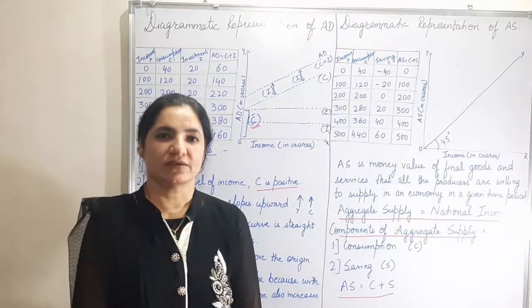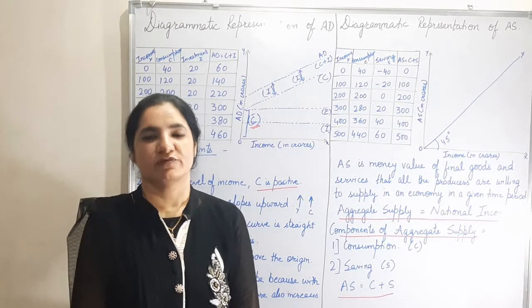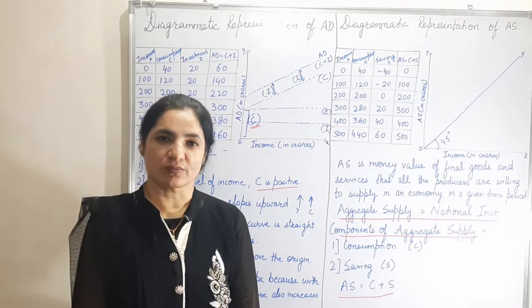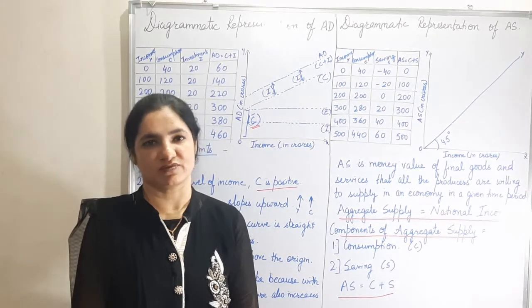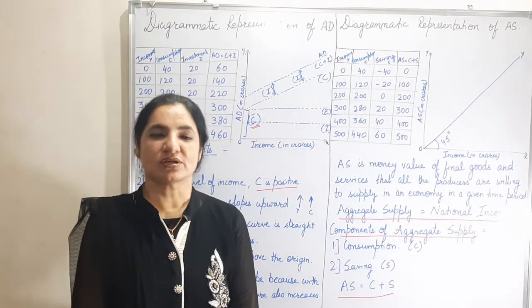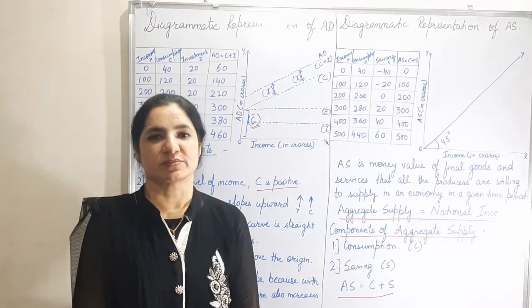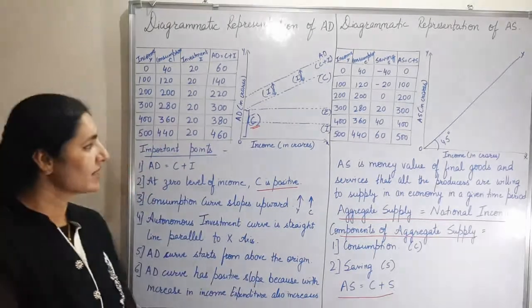Now let us see the diagrammatic presentation of aggregate demand. We know aggregate demand is constructed in the two-sector model by the addition of consumption and investment. Consumption is from the household sector and investment is from the firm sector. So let us understand this.